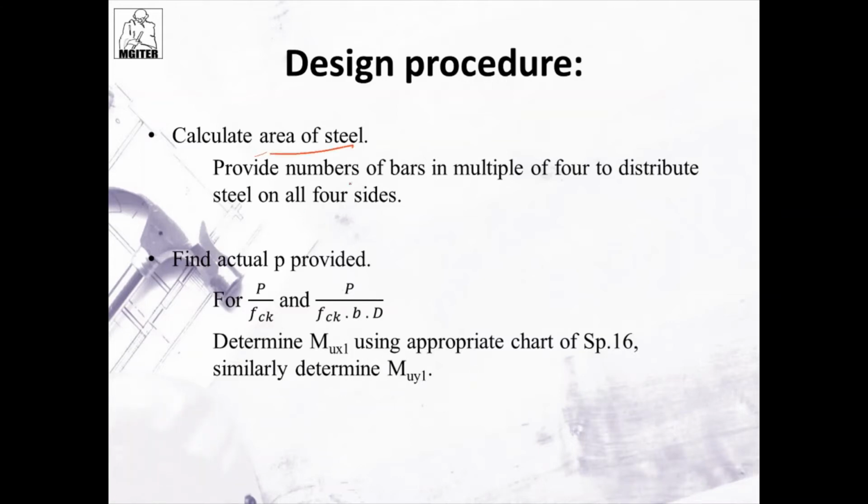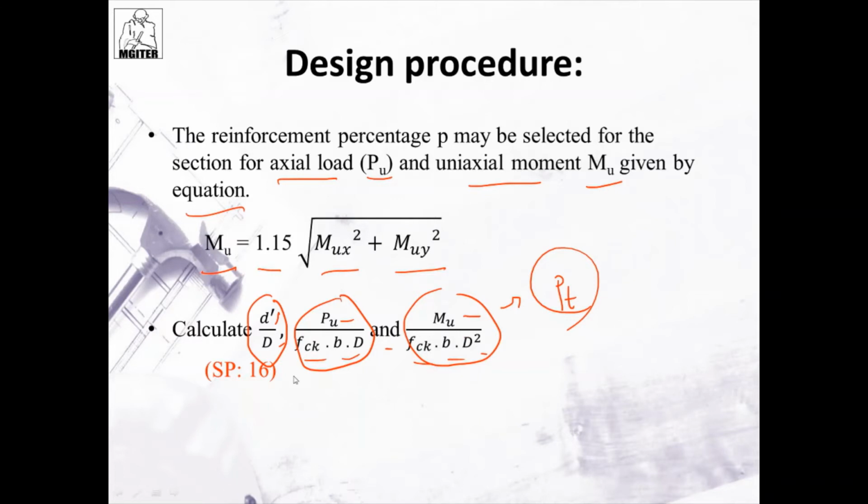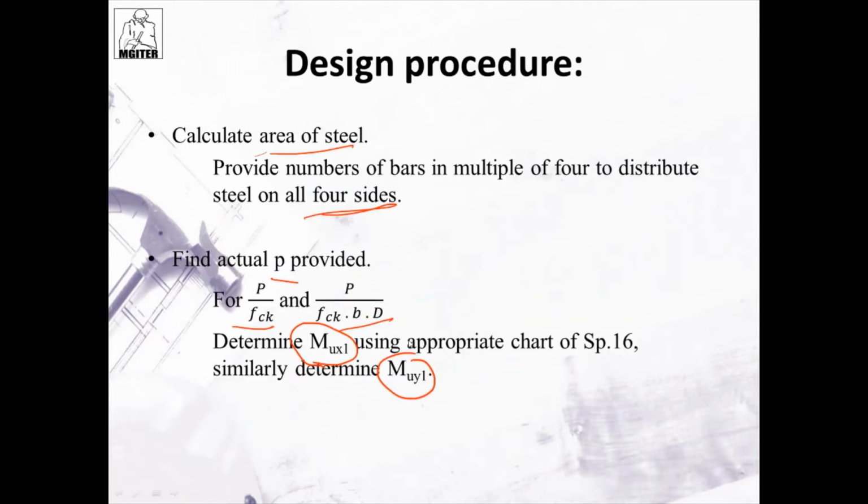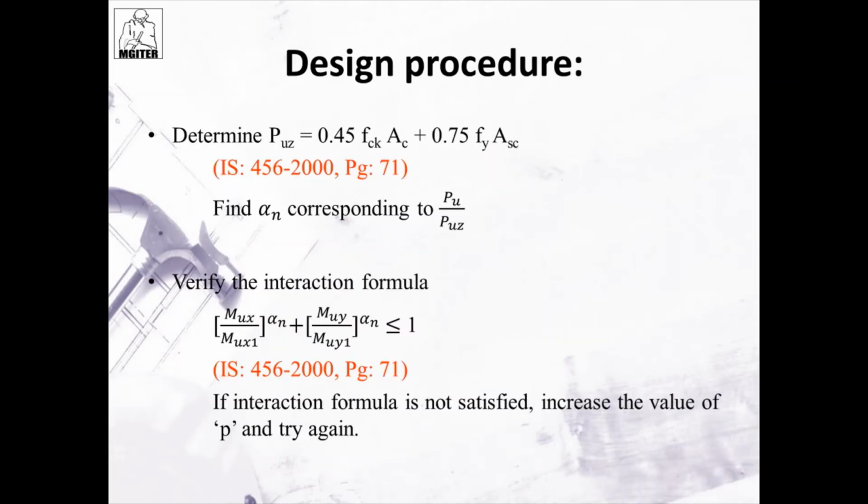Then we can find the area of steel from pt, distribute the steel on all four sides, and find the actual p provided, p by fck. Then we can find MUX1 and MUY1 same as we found earlier. Then we determine PUZ, then alpha n, and verify this interaction formula.